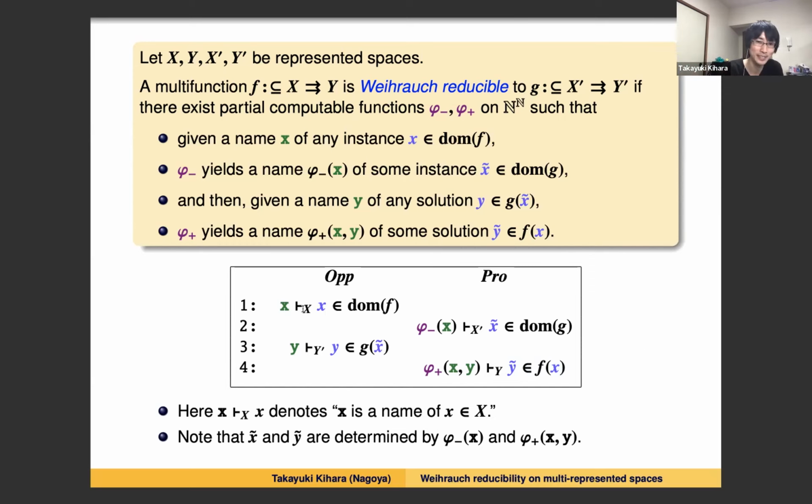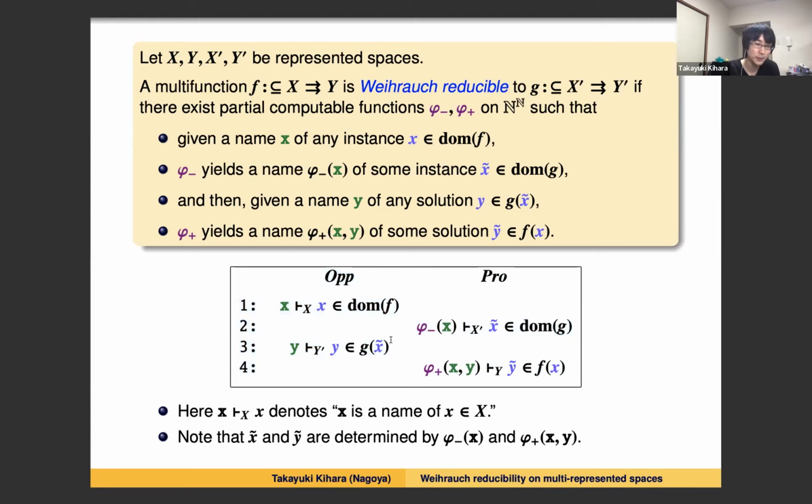But we use this symbol to extend this definition to multi-represented spaces. To illustrate this definition using a game, it goes like this. First the opponent provides a name of an input x of f.